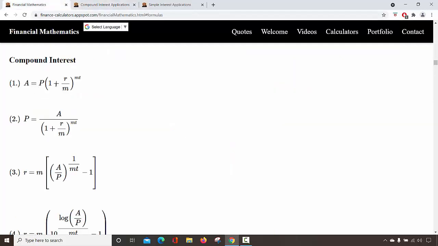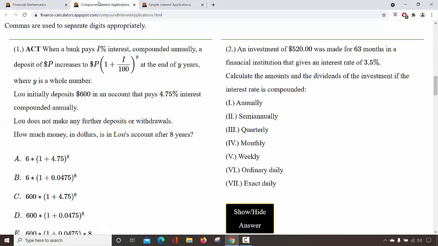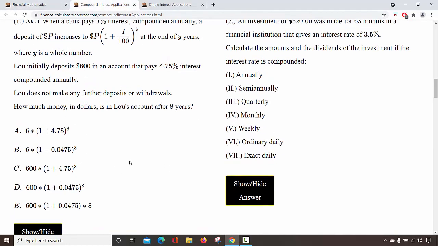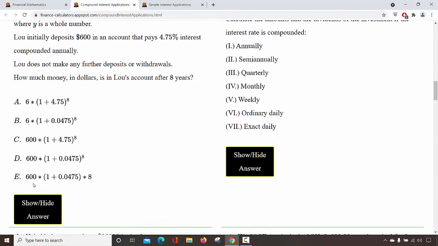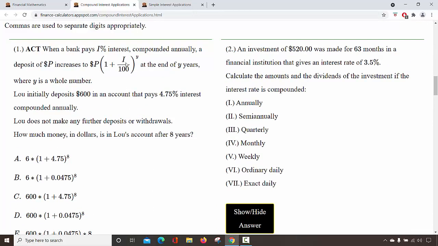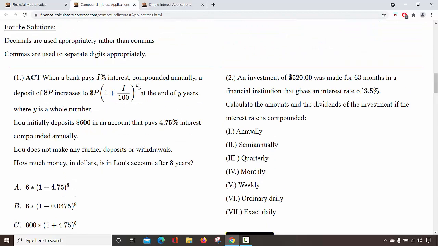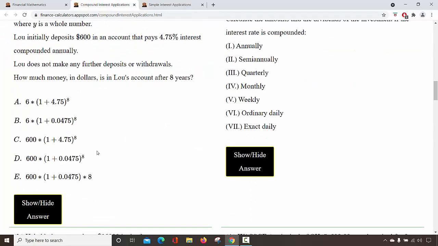The amount is what they're asking for. So P is 600, I is 4.75 divided by 100, which is 0.0475. And Y is 8 years. Remember, this is an exponent. So this will give us answer D.